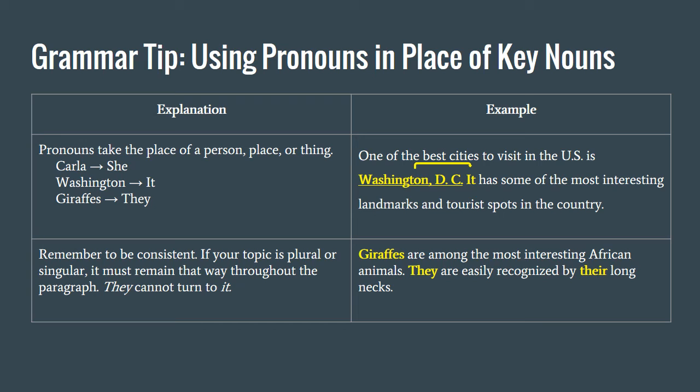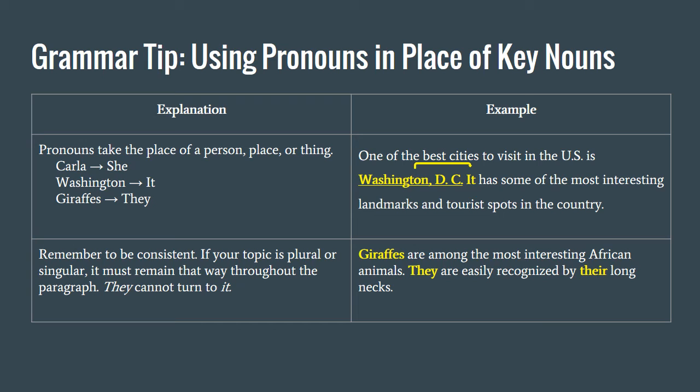First, let's look at the explanation. Pronouns take the place of a person, place, or thing. So for example, Carla would turn into the pronoun she. Washington would turn into it, or any other thing or place or idea. Giraffes, which is plural, would turn into they. Okay, now let's look at the example on the right-hand side.